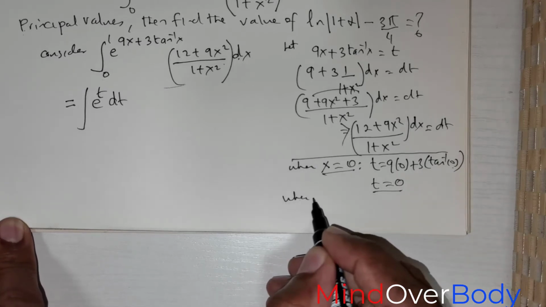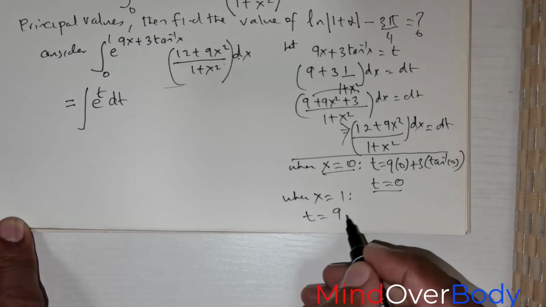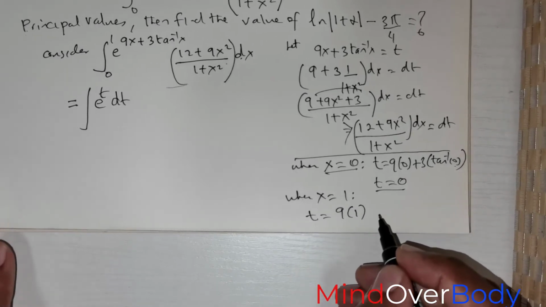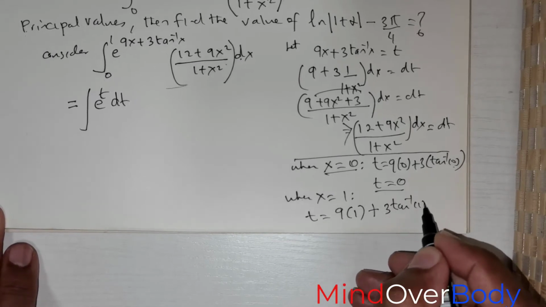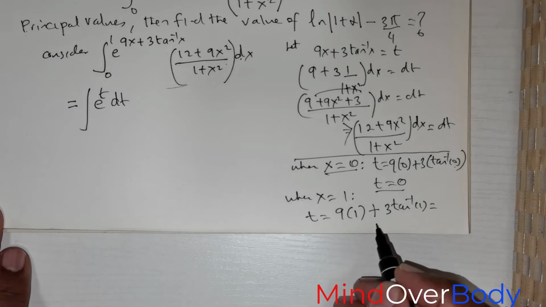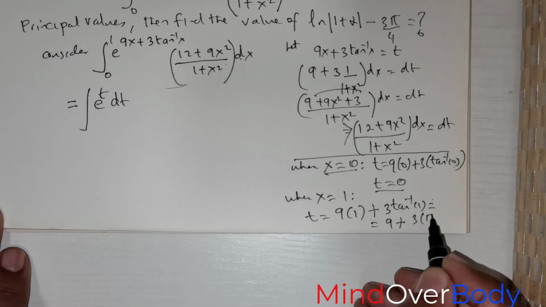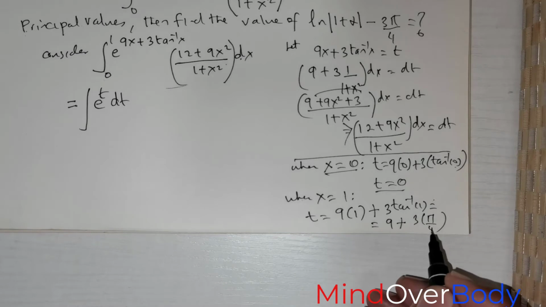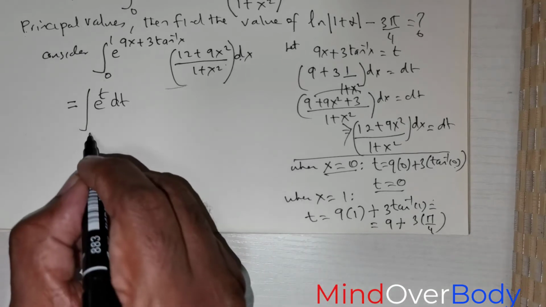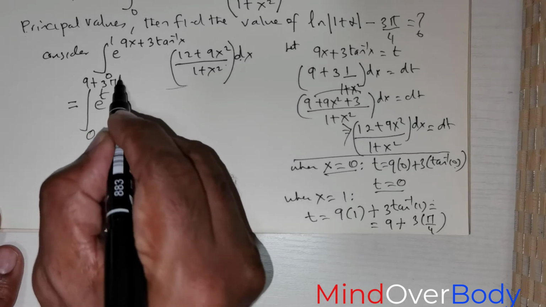Now when x is equal to 1, what happens to t? t is equal to 9 times 1 + 3 times tan inverse of 1, and tan inverse of 1 is pi over 4. So this is 9 + 3 pi over 4. So the limits are 0 to 9 + 3 pi over 4.